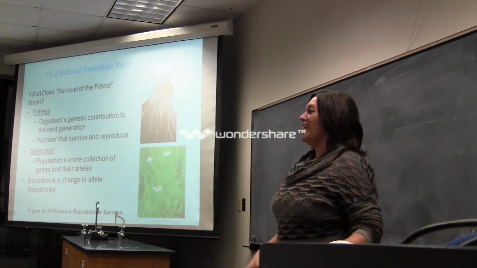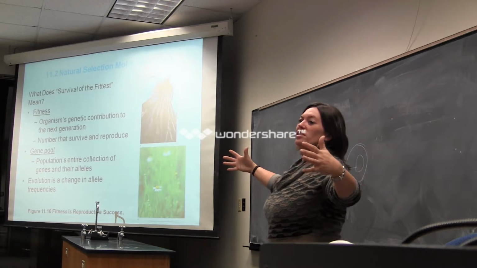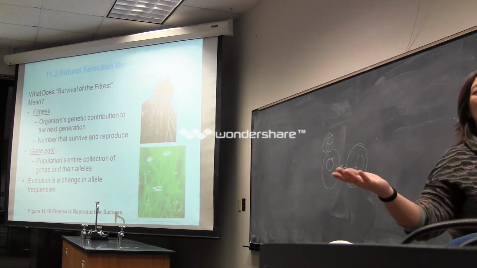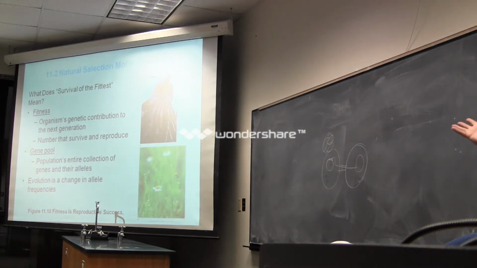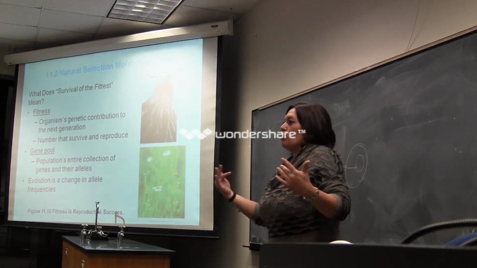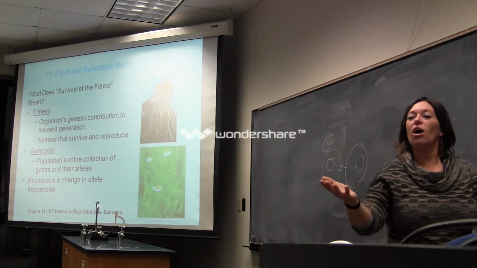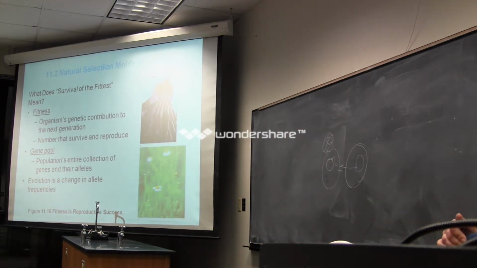So the gene pool is the collective type of alleles that are present. And so you can contribute to the gene pool, or, if you get some terrible disease and you die by the age of 15, obviously you're not going to be reproducing and passing on or contributing to the gene pool.